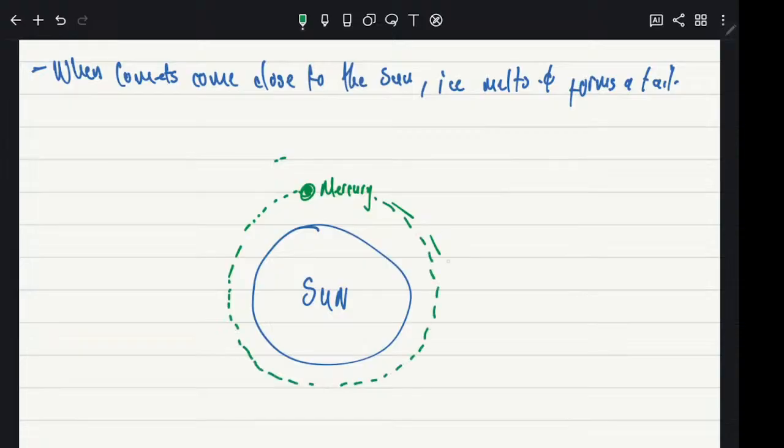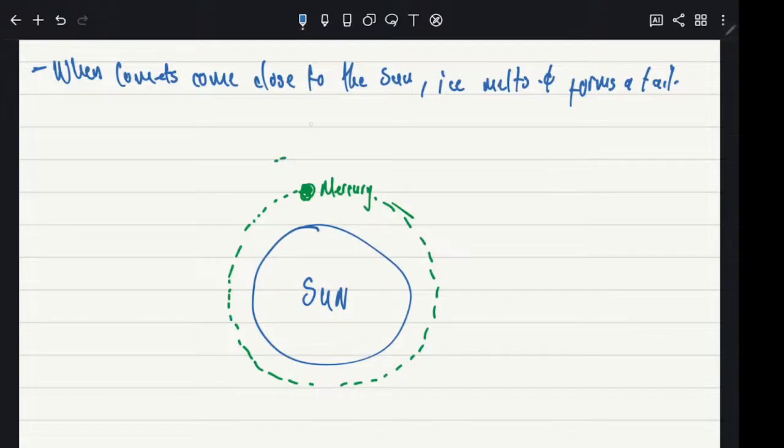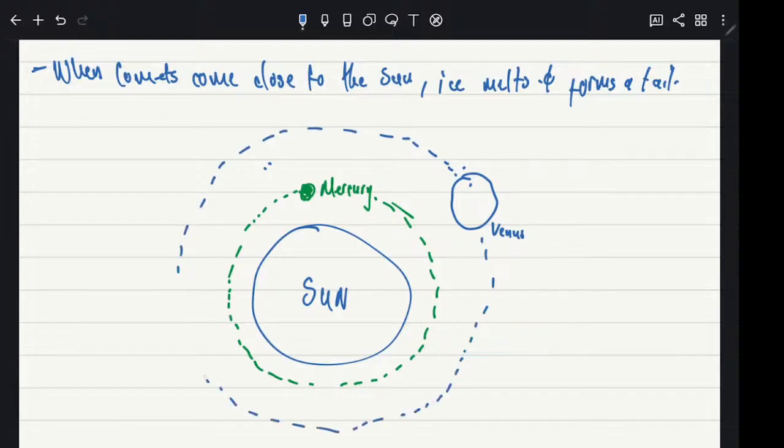Here is your Mercury. Nice circle. Goes nicely around. Then here you have your big Venus. All these guys are going nicely around the sun. And you have Earth as well.